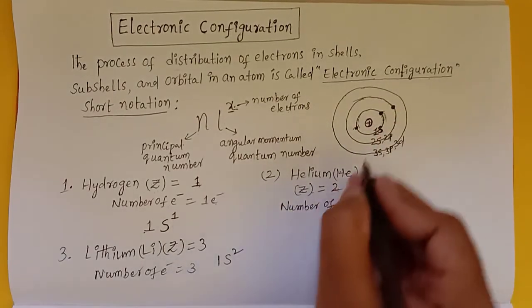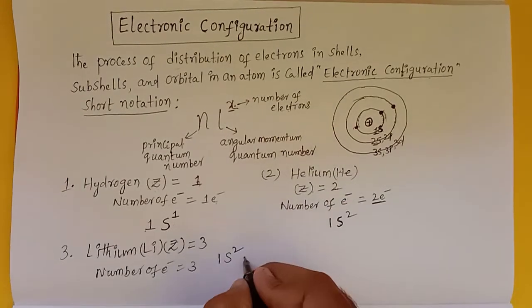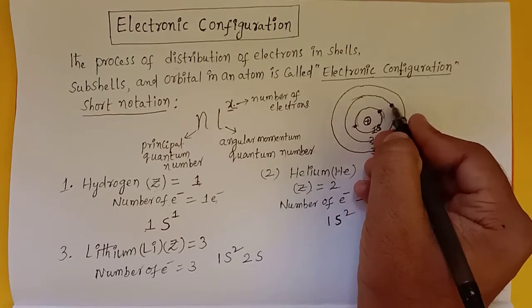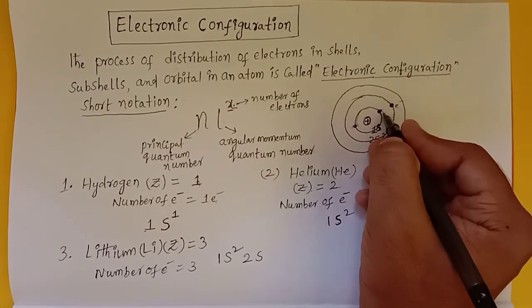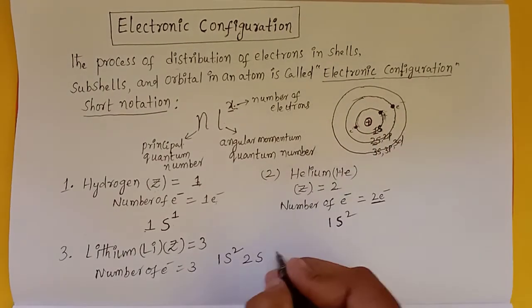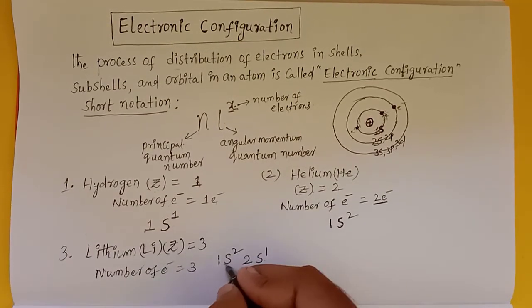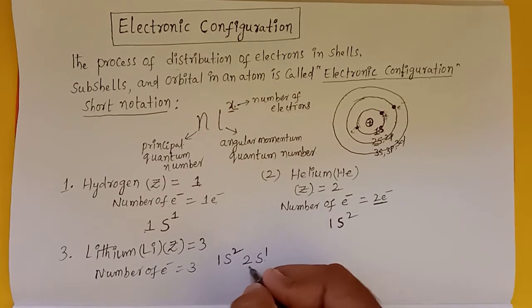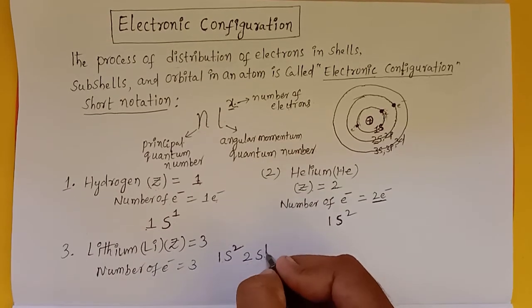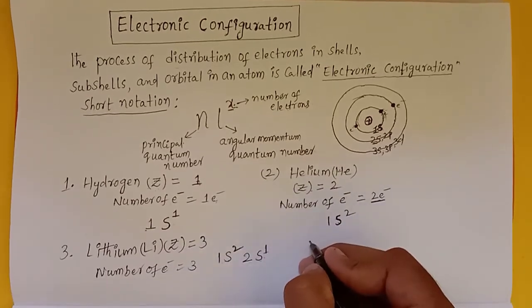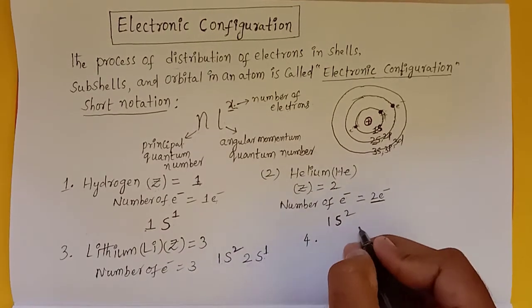So the 2s తీసుకోవాలి. Second shell having 1 electron. So you have to represent 1s2 2s1, means first shell having 2 electrons, second subshell having 1 electron. So 2s1.